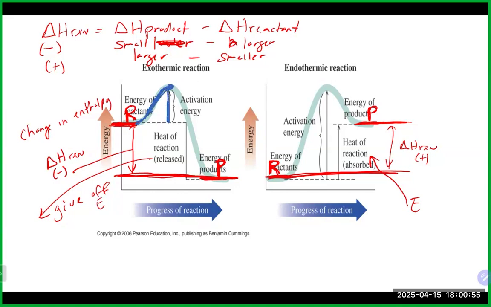This hill from the reactants to the very peak of the hill is what is known as the activation energy, or the E of A. That is the activation energy. It is the minimum amount of energy that's required for a reaction to take place.